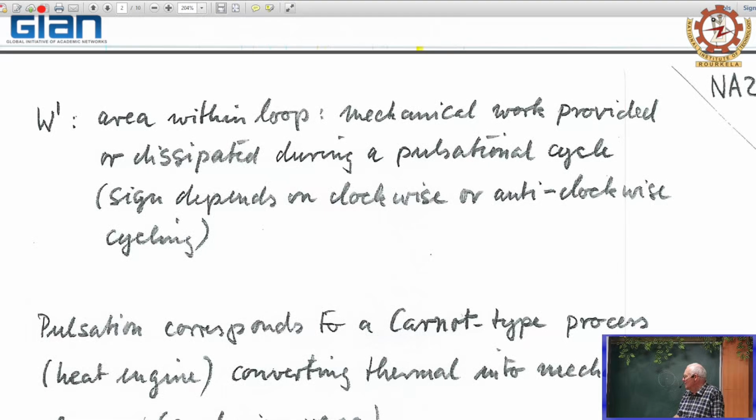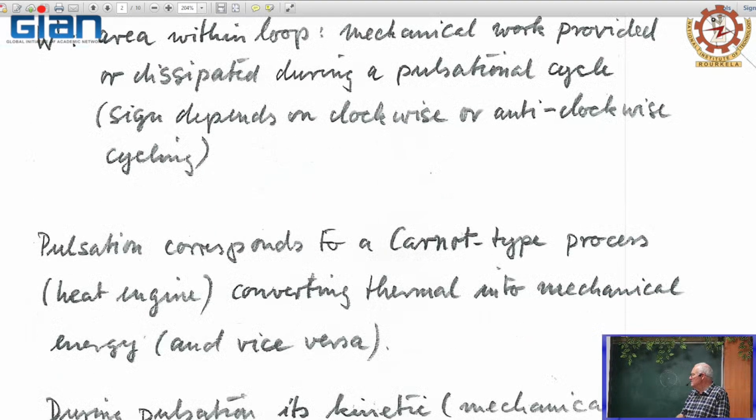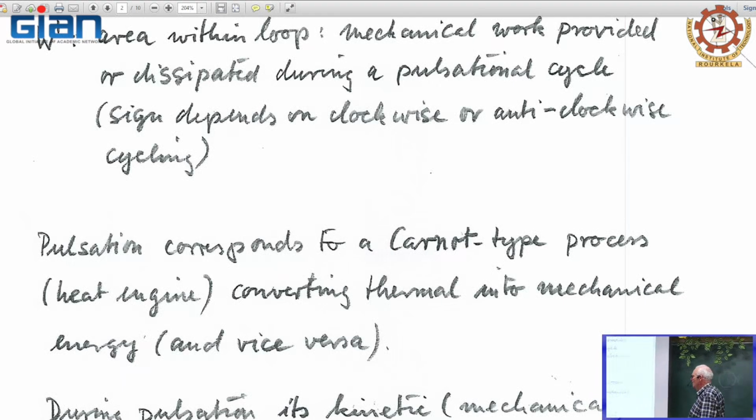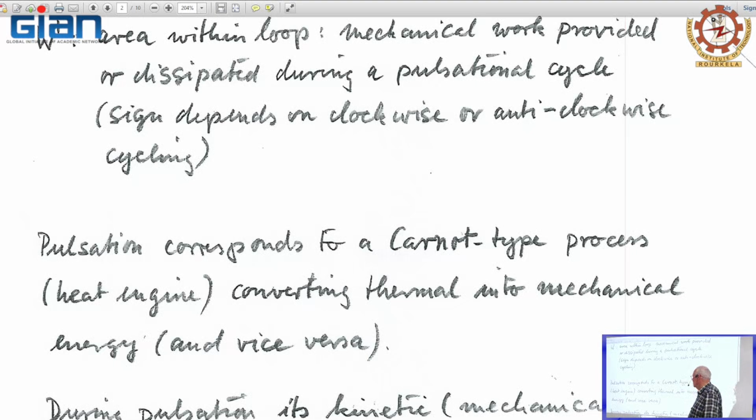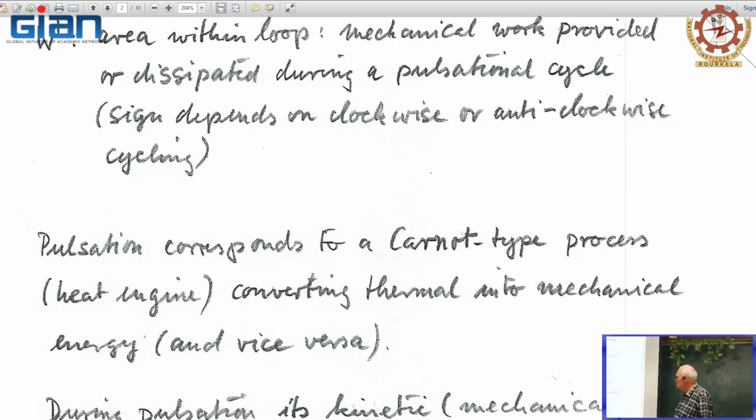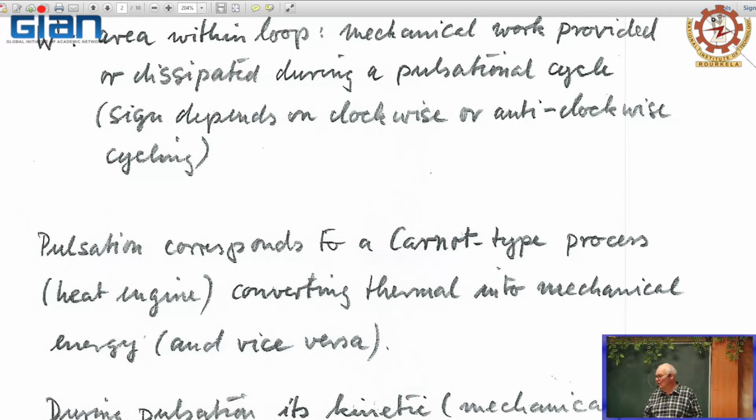Okay, well, now the hypothesis is that our pulsation works like a Carnot-type process, like a heat engine, converting the thermal energy into mechanical energy and vice versa. And the mechanical energy which is produced, we have considered and denoted as the differential work integral.